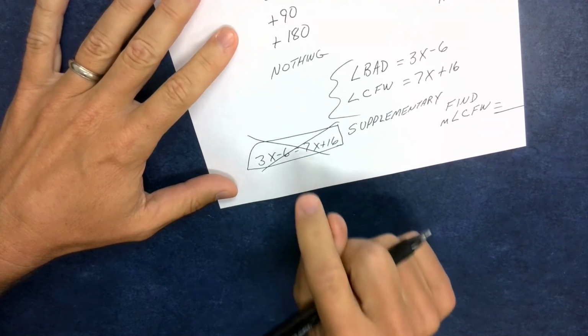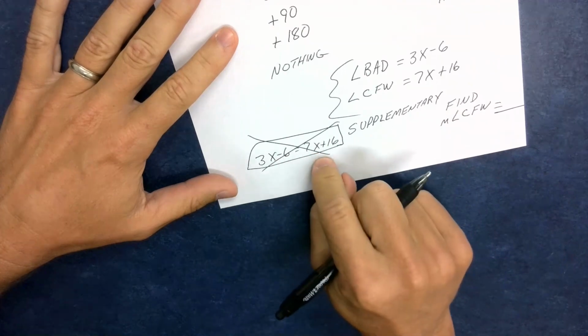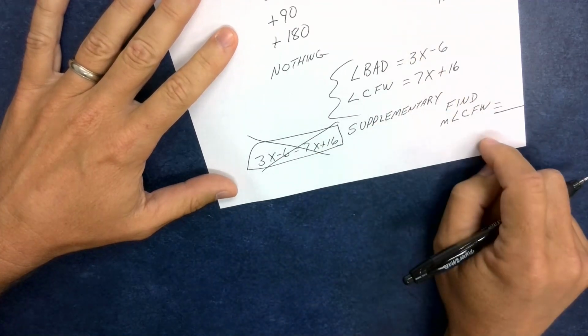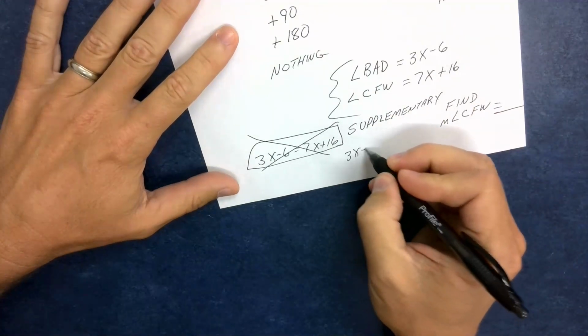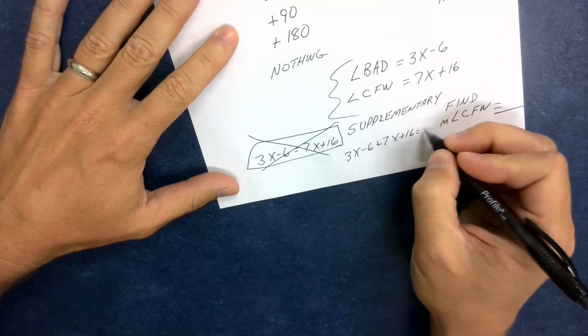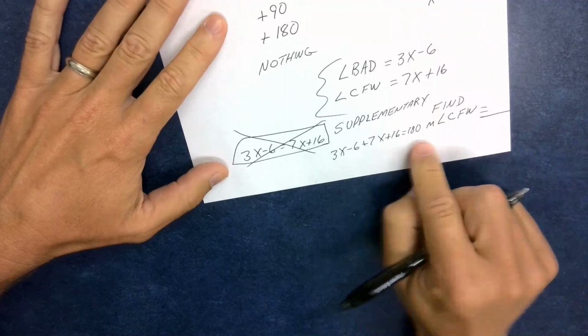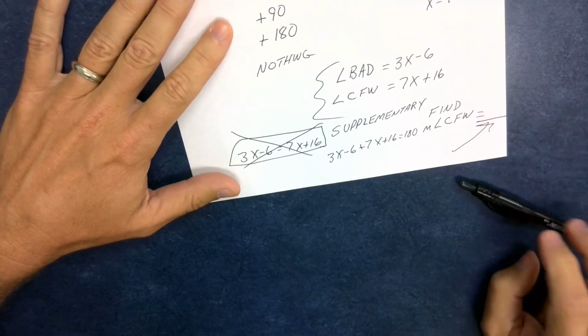That is not true. Supplementary doesn't mean that the angles are the same. Congruent means that those angles are the same. Supplementary means they add up to 180. So I'd have to write 3x minus 6 plus 7x plus 16 equals 180 degrees, and then use my algebra to solve that, and then I could stick it into there.